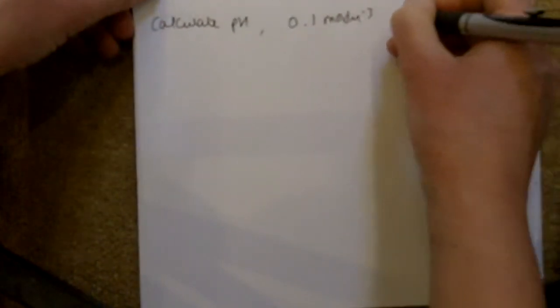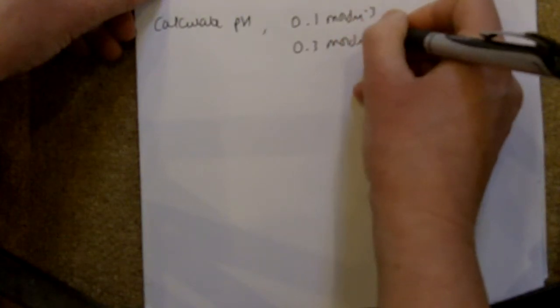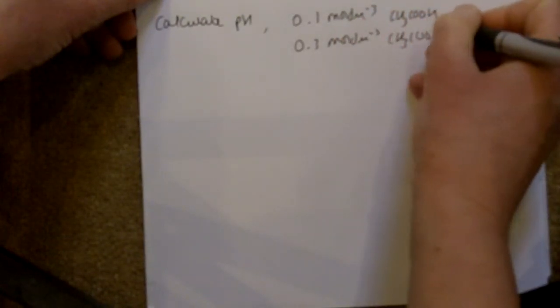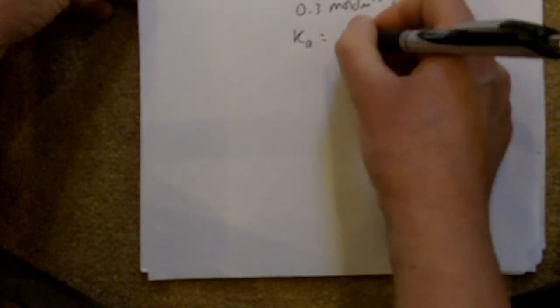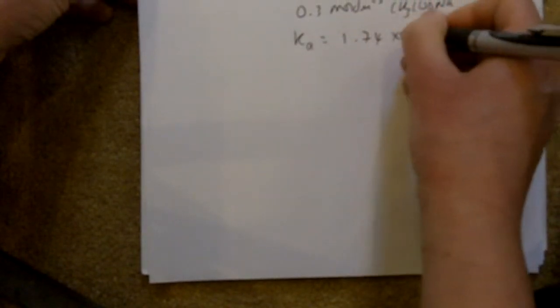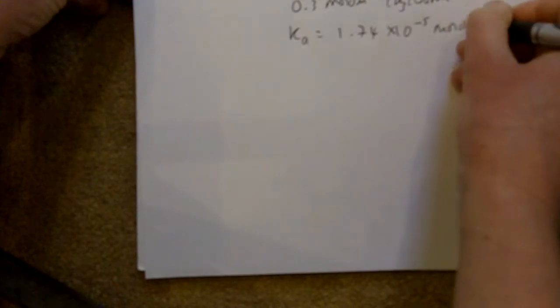So let's give an example. Say you were asked to calculate the pH of a buffer solution, and the buffer solution contains 0.1 concentration of the weak acid, and it also contains 0.3 concentration of the salt, the conjugate base. Okay, that's your buffer. And they tell you Ka as well, 1.74 times 10 to the minus 5 is Ka.